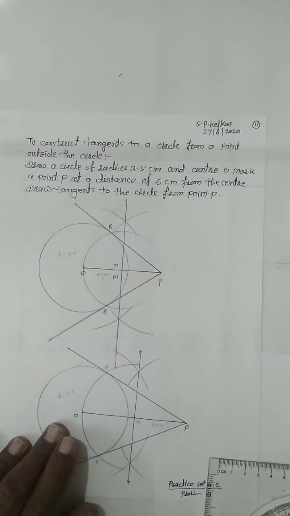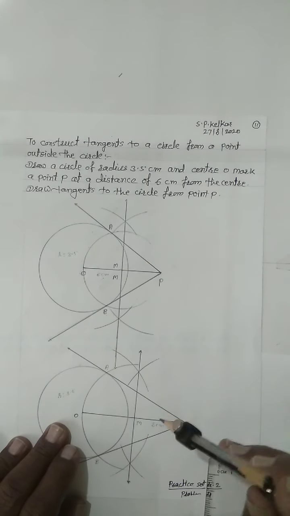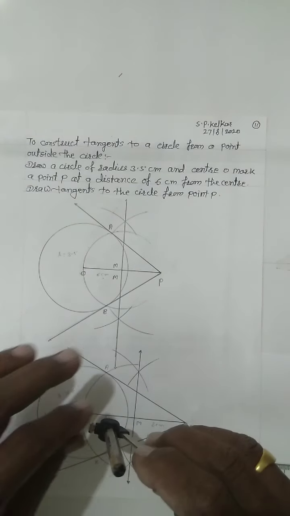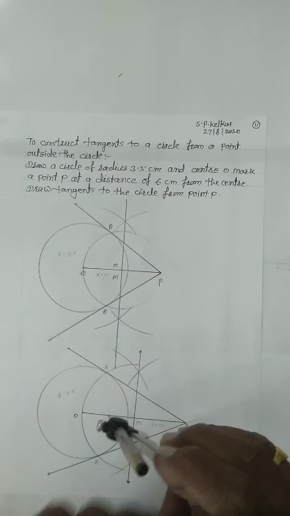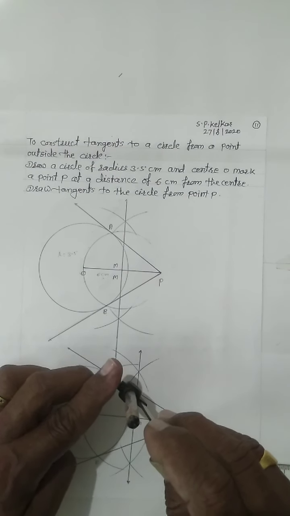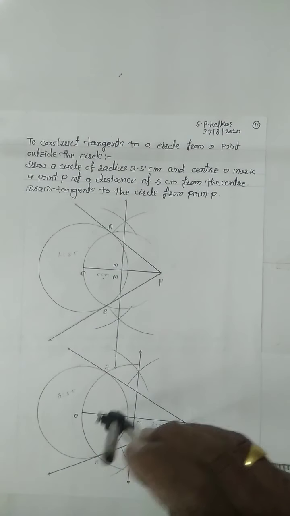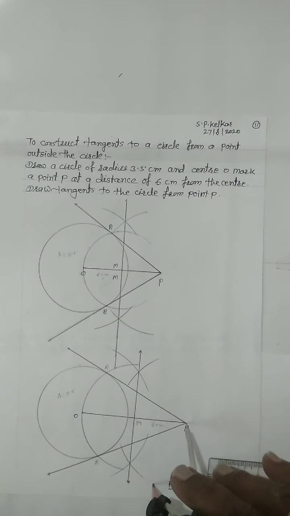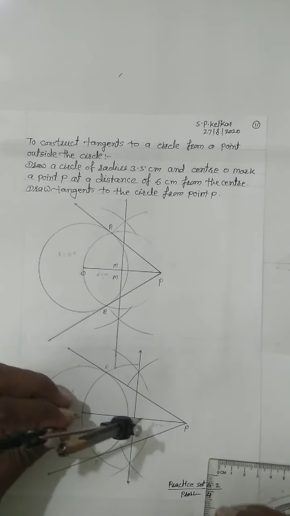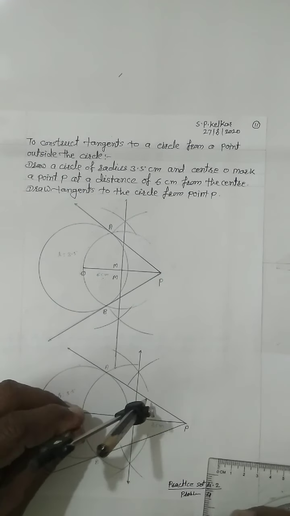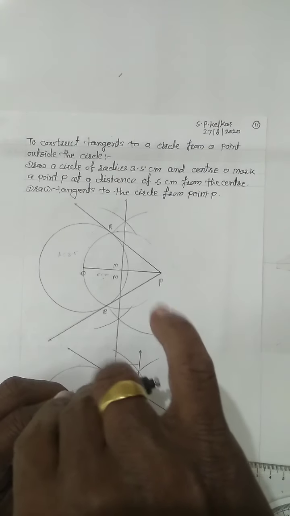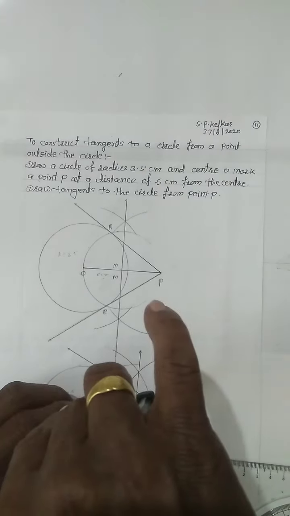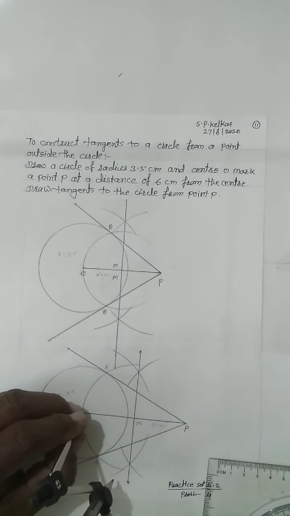Then draw the perpendicular bisector of this OP. Take a distance between two terminals more than half of this OP. In this way we take the distance which is more than half of OP and draw one arc upper side, second arc lower side, then put this distance as it is and draw the second arc upper side, third arc, and this is the fourth arc lower side.